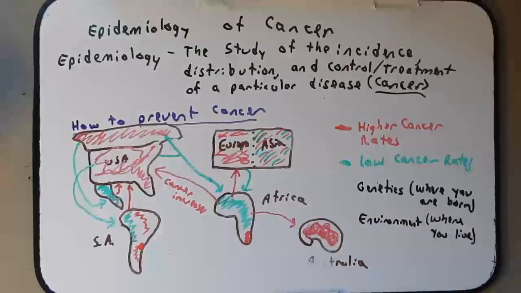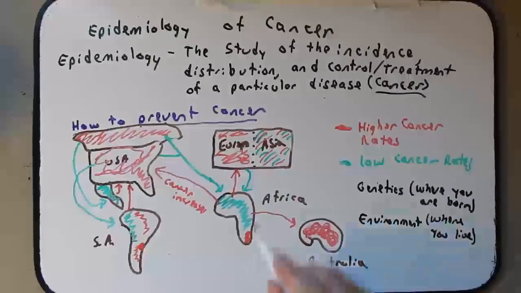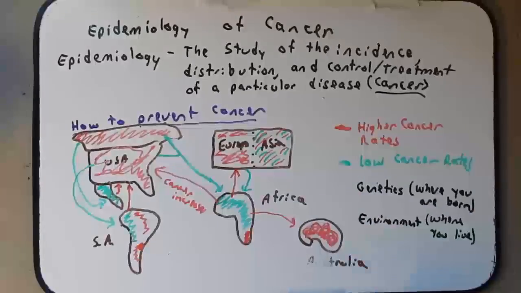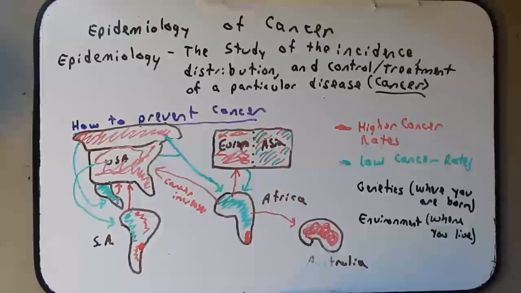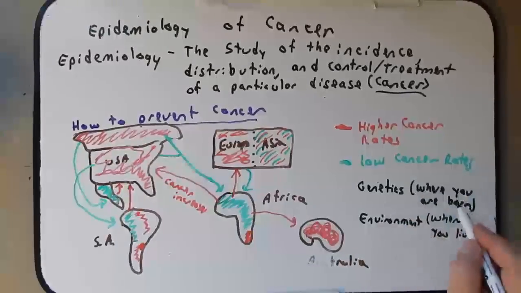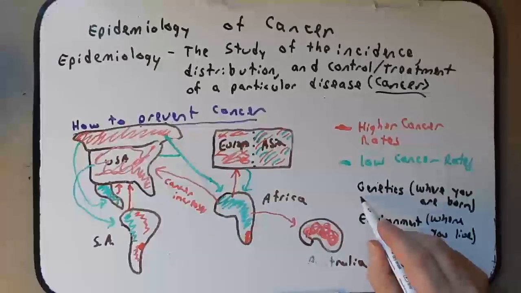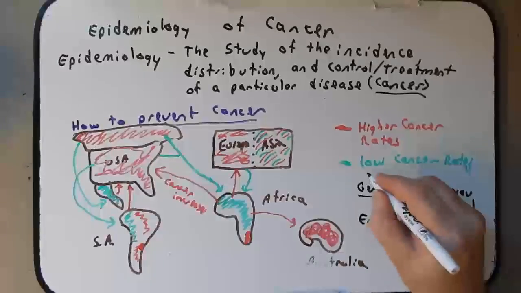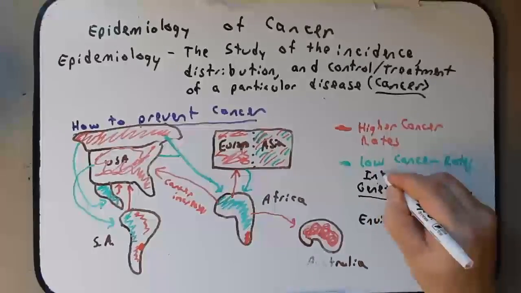And what the epidemiologists have concluded from these studies, and there's been a lot of studies looking at migrant populations, is that the place you live or the environment that you're around is strongly linked to whether or not you get cancer. And it's less linked to where you're from. Now, I shouldn't have said genetics. Now that I'm looking at this, I probably should have used the word inheritance.